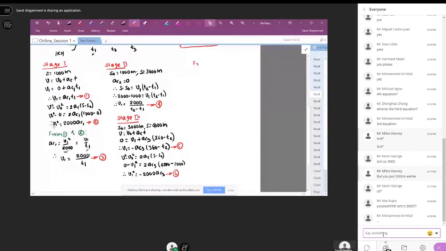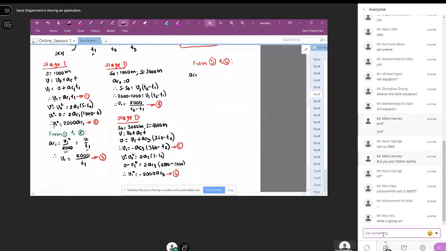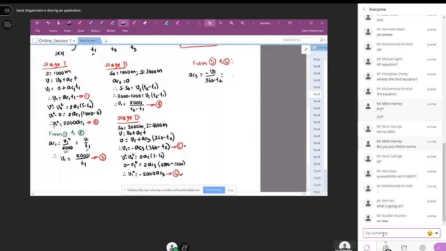From equations 5 and 6, we can say AC3 is equal to minus V1 divided by 360 minus T2, which is from equation 5. But from equation 6, the same. S0 is 3000.